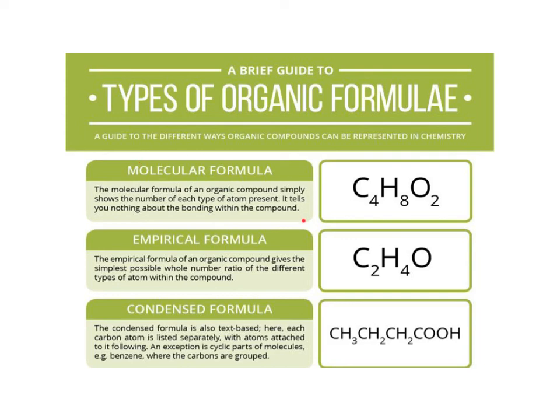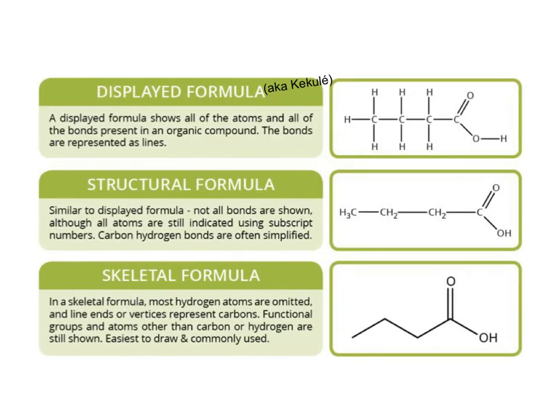In your previous chemistry classes, you learned about empirical and molecular formula, which is the reduced and the actual formula of a structure. Today we learned about condensed formula, which starts to show how things are bonded instead of just which things are present. Then we also learned about the displayed formula, which is most similar to our old Lewis dot structures that we used to draw, except that we eliminate a lot of lone pairs.